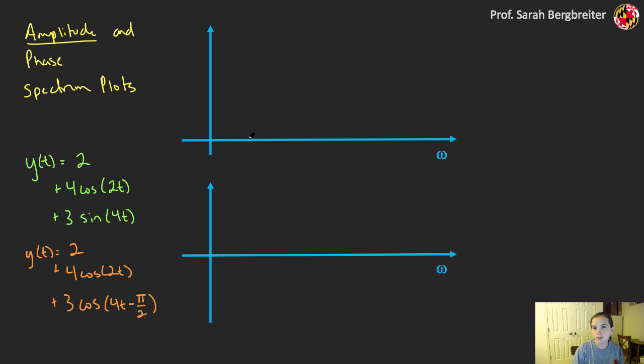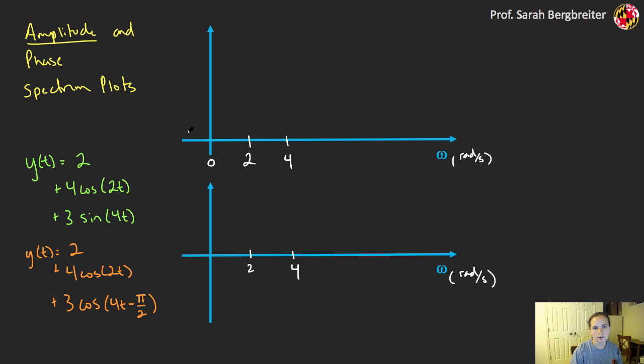In a Fourier series, we have a discrete number of frequencies, right? So we're going to start with our omega naught, which in this case is going to be 2 radians per second, and we'll have 4 radians per second, and of course this is 0 radians per second here. So I'll include those ticks down on the phase spectrum plot as well.